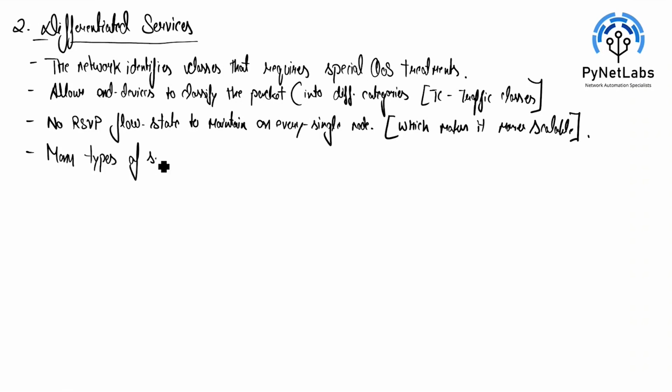Many types of services can be chosen with DiffServ. DiffServ is nothing but differentiated services, guys, a short abbreviation. For example, IP phone voice traffic is very sensitive to latency and jitter, so it should always be given first priority and preferential treatment over all the application traffic.